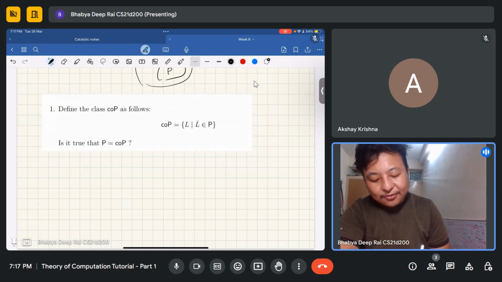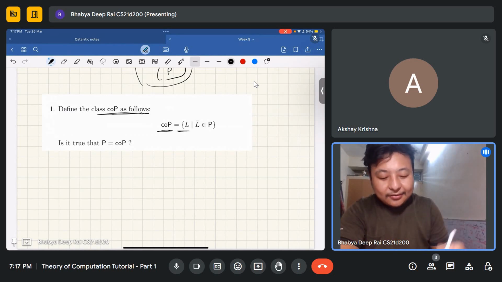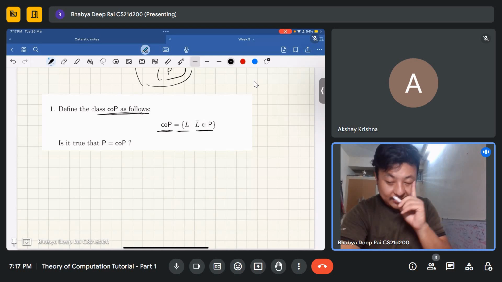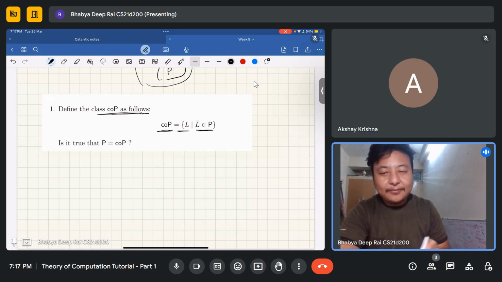Define a class coP as follows. coP is the set of all languages such that the complement of the language is in P. What is meant by the complement of a language being in P?